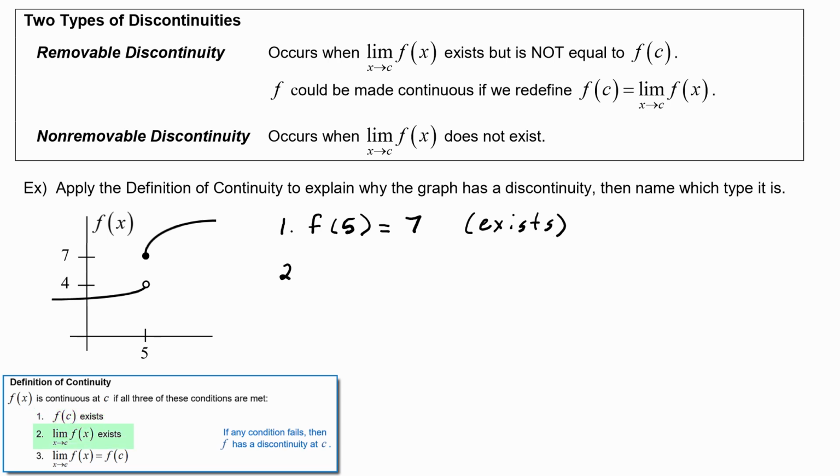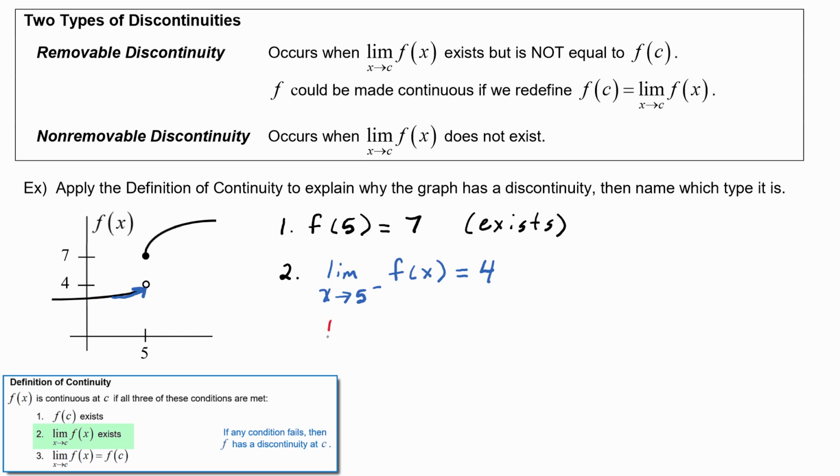Now in step 2, the definition of continuity says we have to look at the limit as x approaches c of f of x. And in this case, if we were to look at the limit as x approaches 5 from the left of f of x, as x comes into 5 here, we see the y value is approaching 4.